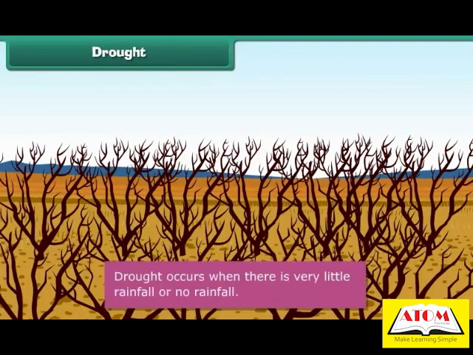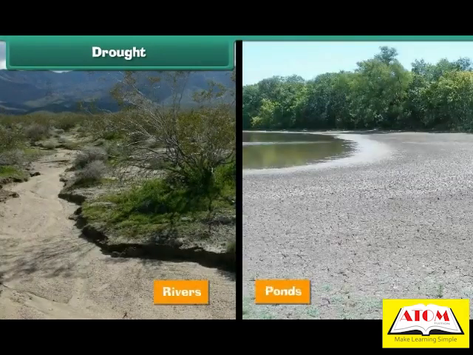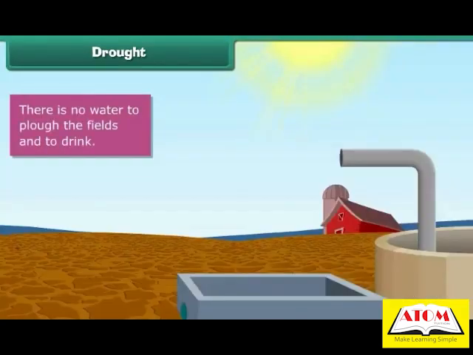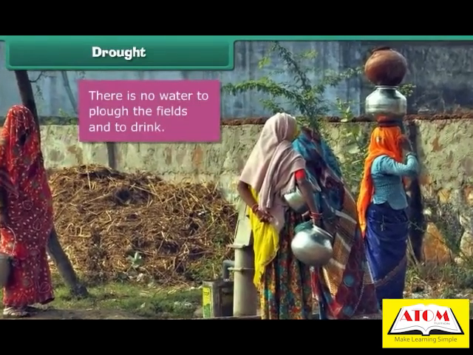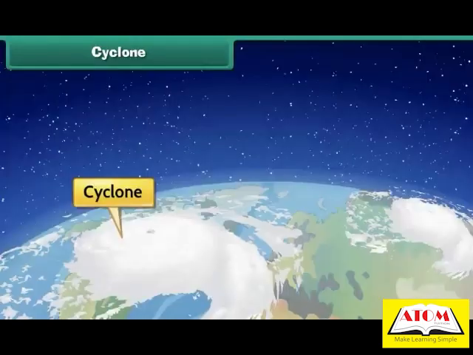So we can say that the drought occurs when there is very little rainfall or no rainfall at all. During droughts, the rivers, ponds, wells, and other water resources dry. There is no water to plow the fields, and even drinking water is hardly available. There is shortage of food grains and water.